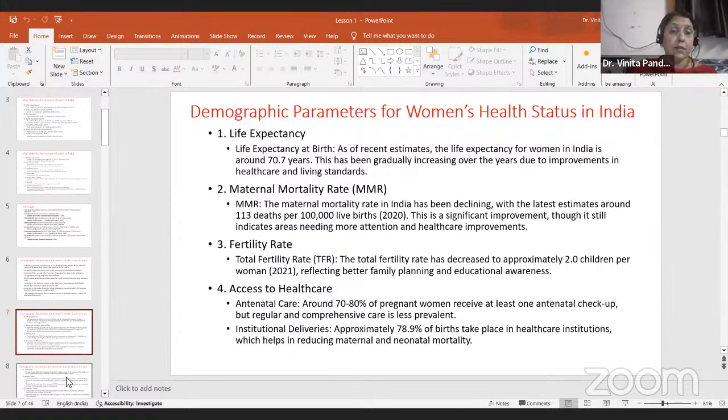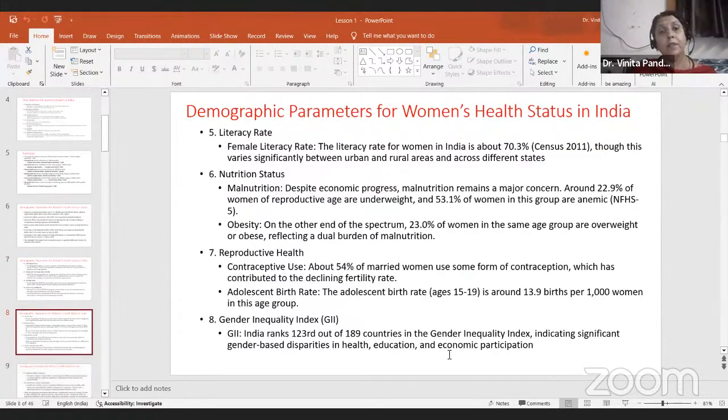So these are some of the demographic parameters: literacy rate, nutrition status, because nutrition level in married women, pregnant women, lactating women, all this is directly connected not only with her healthcare, but also, for example, if a pregnant woman is malnourished, then definitely it will have its impact on the child which is yet to take birth.